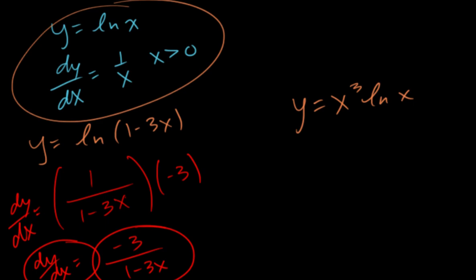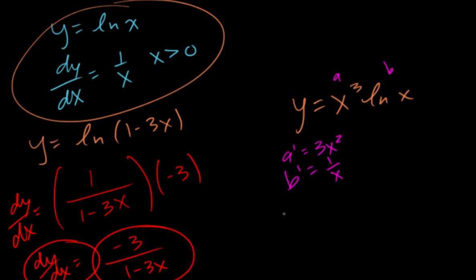Okay, on this one, we're going to have to do a product rule. So if I call this u of x, this is v of x. Actually, sometimes I like to just say a, b, and then a prime is going to be 3x squared, b prime is going to be 1 over x.